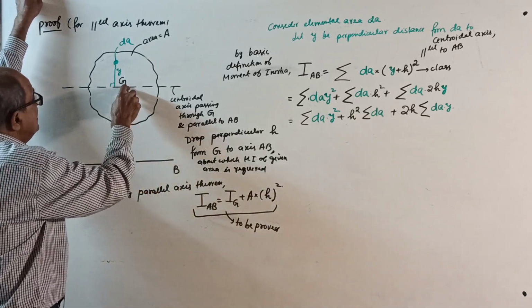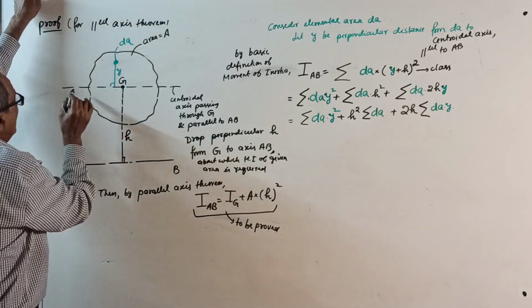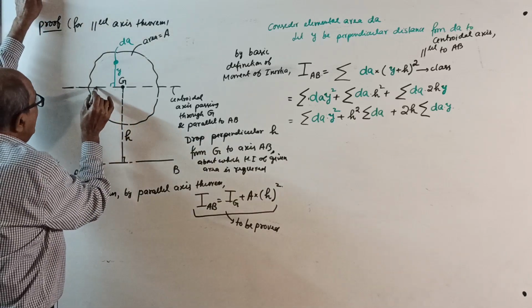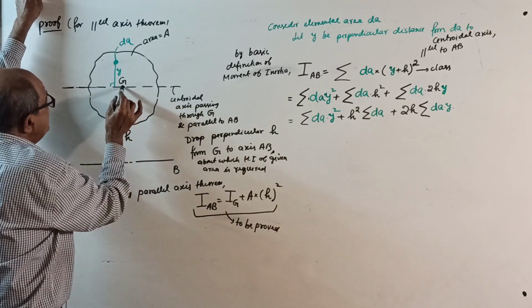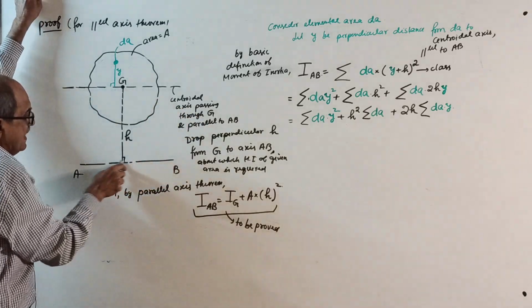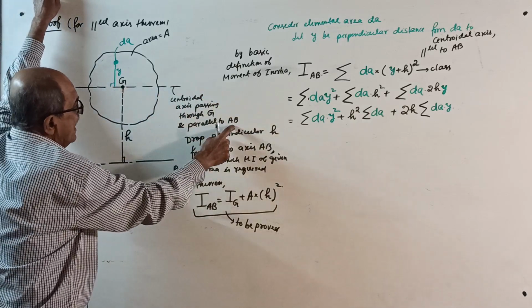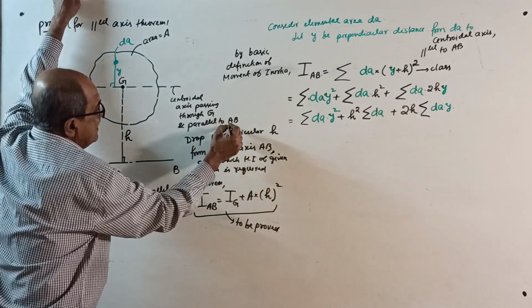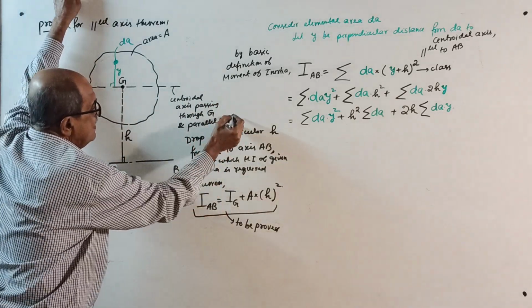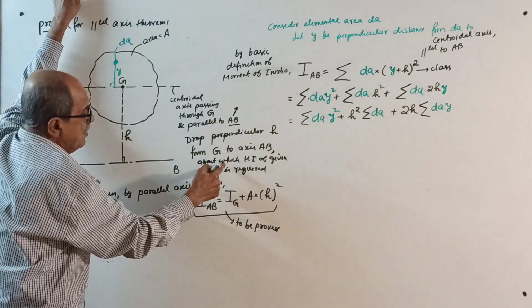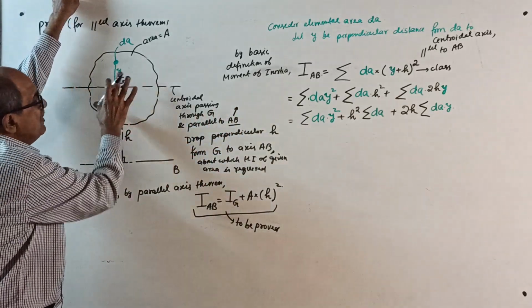Then write, also consider an axis passing through the centroid and parallel to AB, that is the centroidal axis passing through G and parallel to AB. AB is the axis about which the moment of inertia of the given area is required.